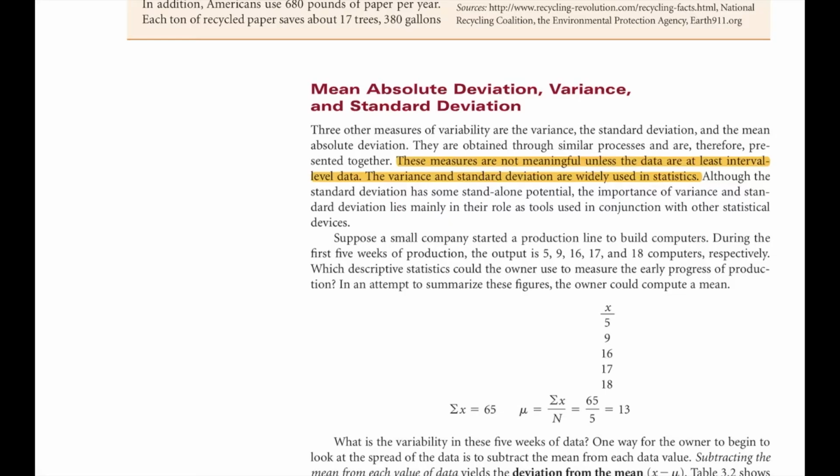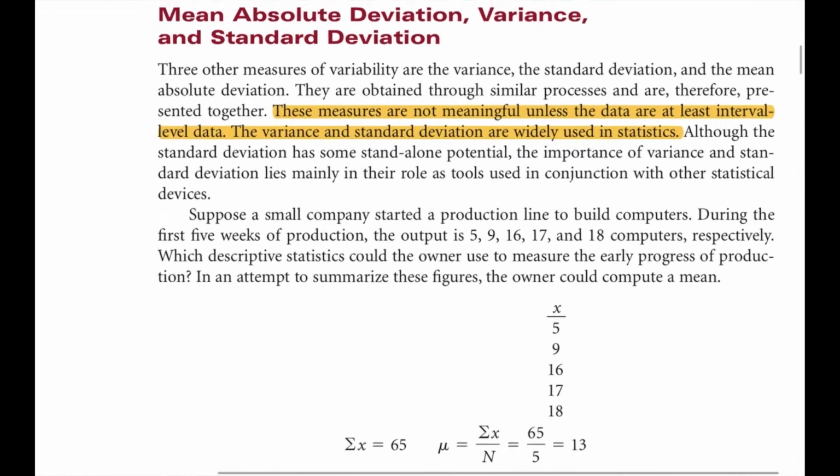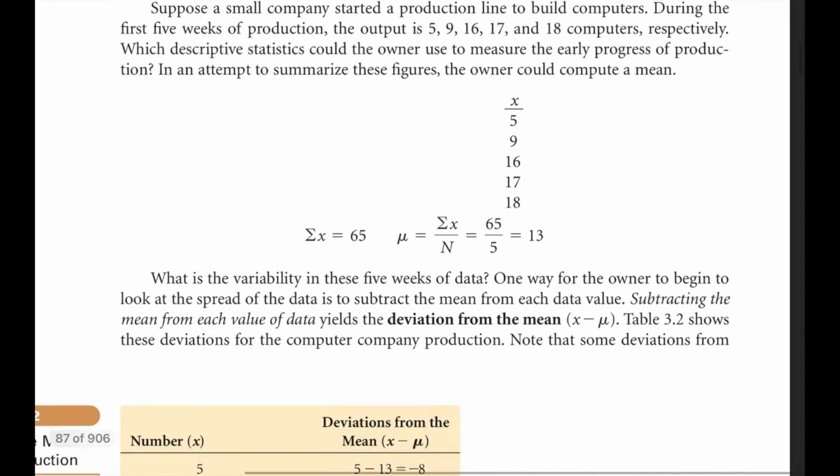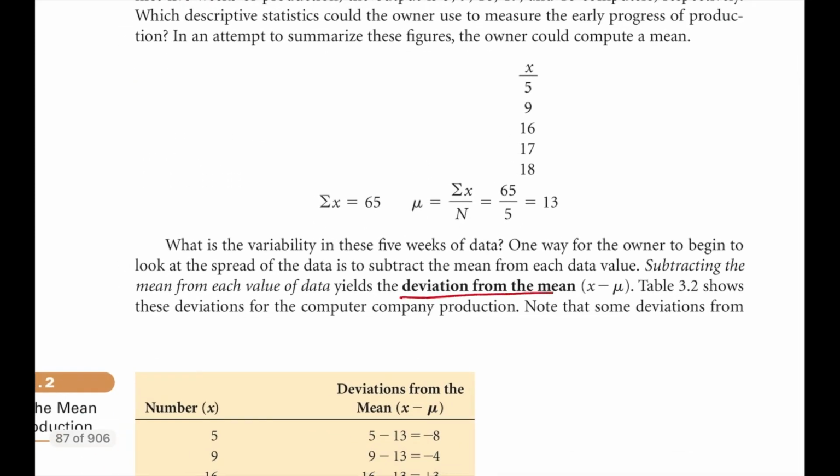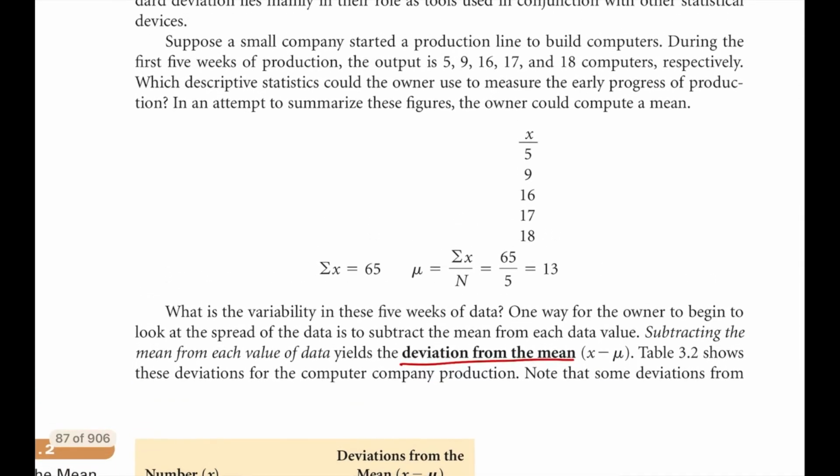Okay, cool. Now the first thing that we want to understand is deviation from the mean. So these are the 5 data points that you have: 5, 9, 16, 17, 18, and you want to calculate the deviation from the mean.